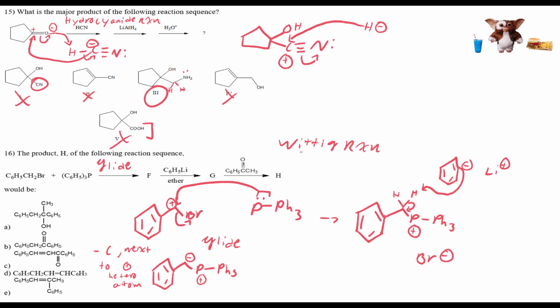So what happens now is that we are going to be reacting it with what? With this guy right here. We're going to be reacting it with a benzene ring, a carbon, another carbon, and a ketone. Okay, so ketones. Now, the ylide reaction is very complicated to draw out, but the result is very simple.